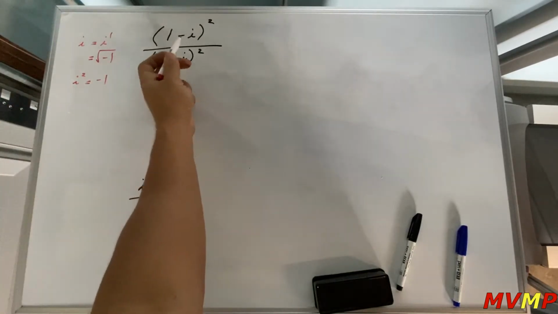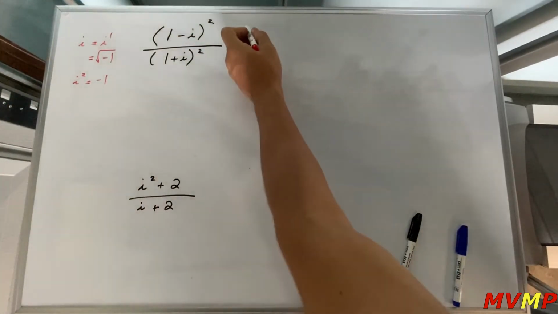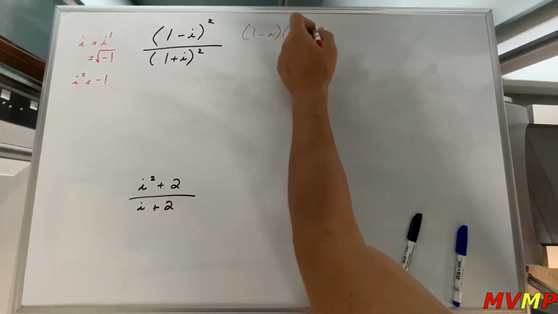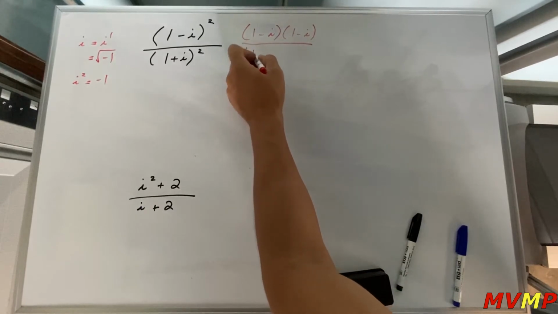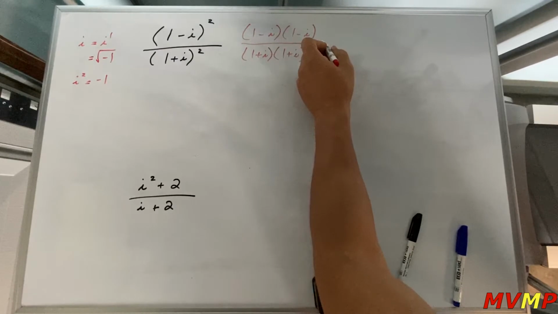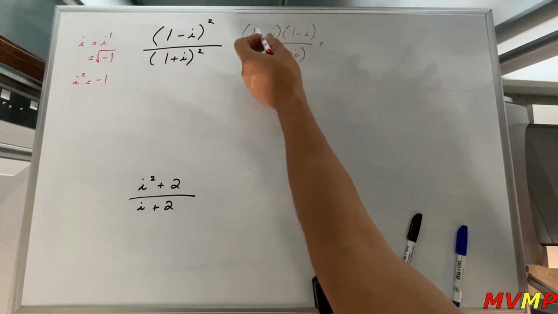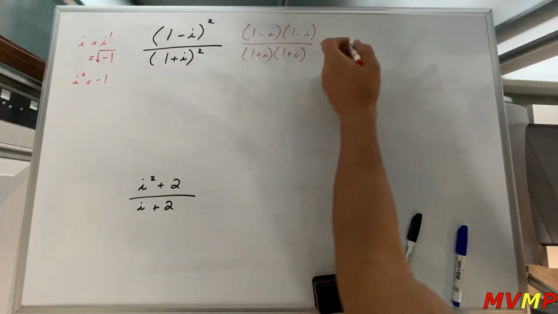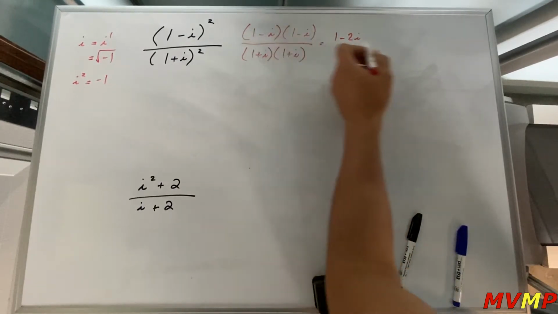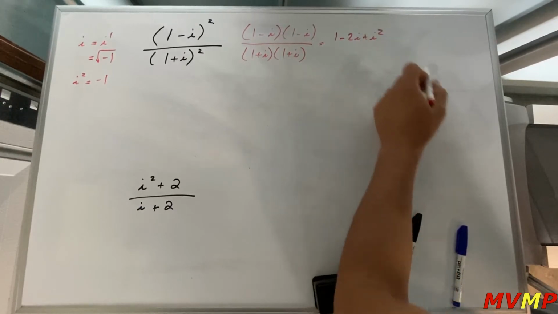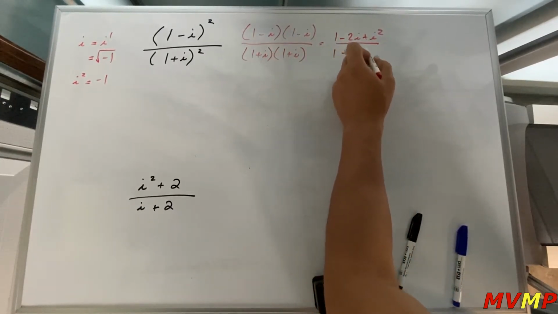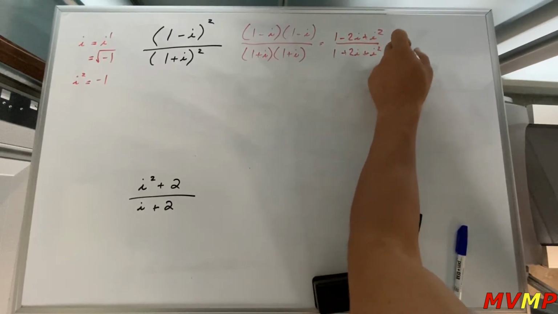Now, for this problem, what you do is write it as (1 minus i)(1 minus i) over (1 plus i)(1 plus i). You do the distributive property, so you'll see it's 1 minus 2i plus i squared, and then here it's 1 plus 2i plus i squared.